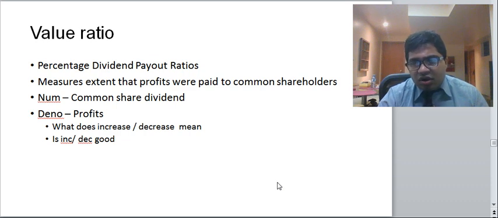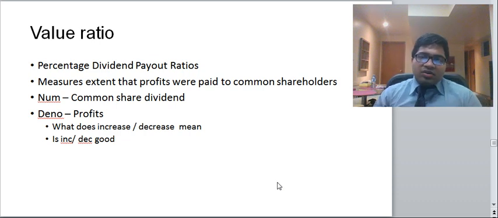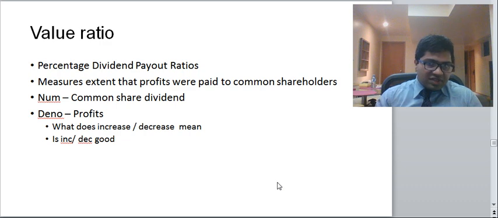Now generally we want a good dividend payout ratio, but it also means that the company has lesser earnings to grow, right? So if the company has good growth opportunities and the dividend ratio is falling because the company is reinvesting in itself, that is not so bad a sign. But as a top level remark, generally an increase in dividend payouts is good, a decrease is bad.